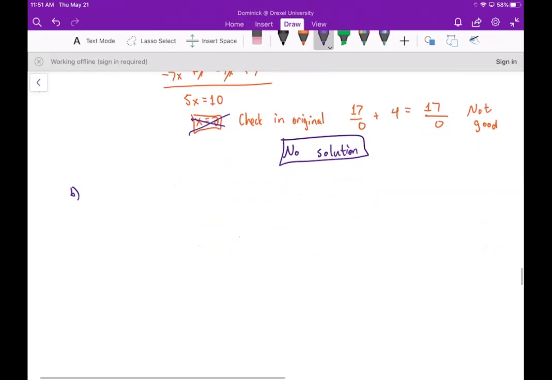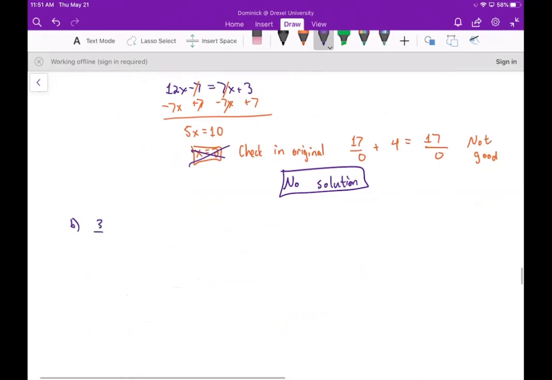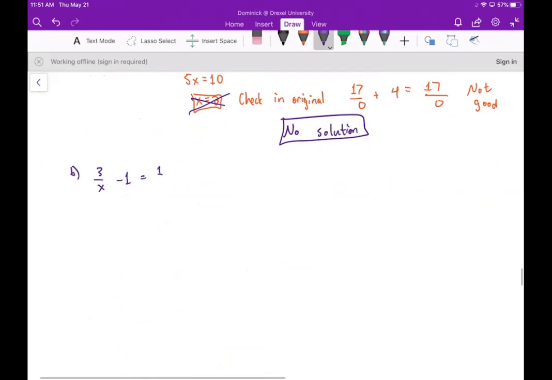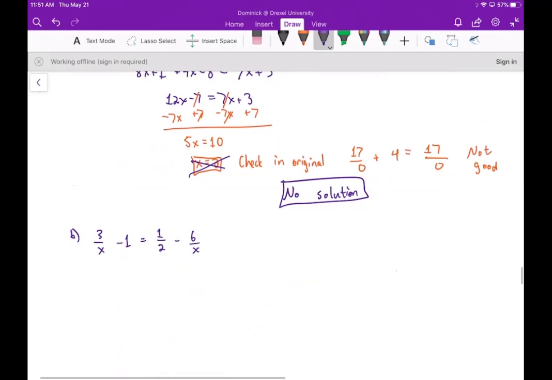Okay, now part B, we have 3 over x minus 1 equals 1/2 minus 6 over x. Let me just make sure I got that right. 3 over x minus 1, 1/2 minus 6 over x. Okay, cool. So in this case, our LCD, hopefully it's not hard to see, is 2x.